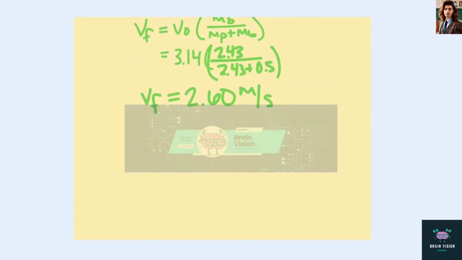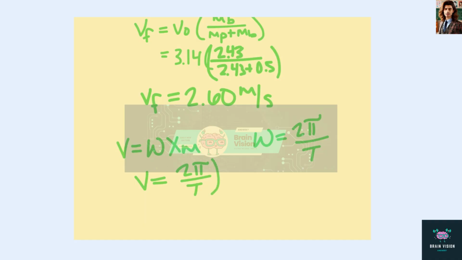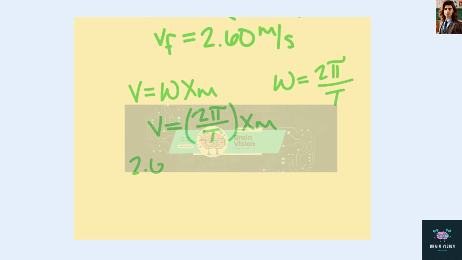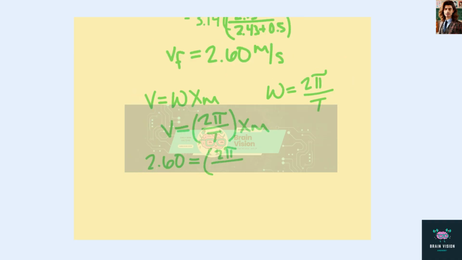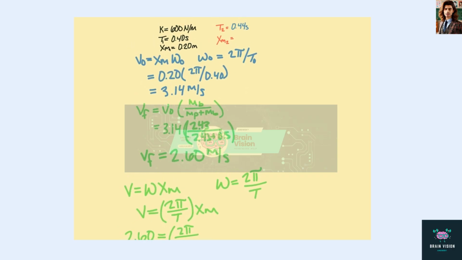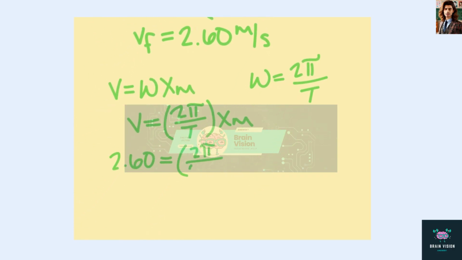And this will help us find our amplitude, because velocity equals omega times amplitude, and again, omega is equal to 2 pi over T. So we have velocity equals 2 pi over T times our amplitude, and we have 2.60 equals 2 pi divided by our new period, which is 0.44 seconds, times our amplitude.